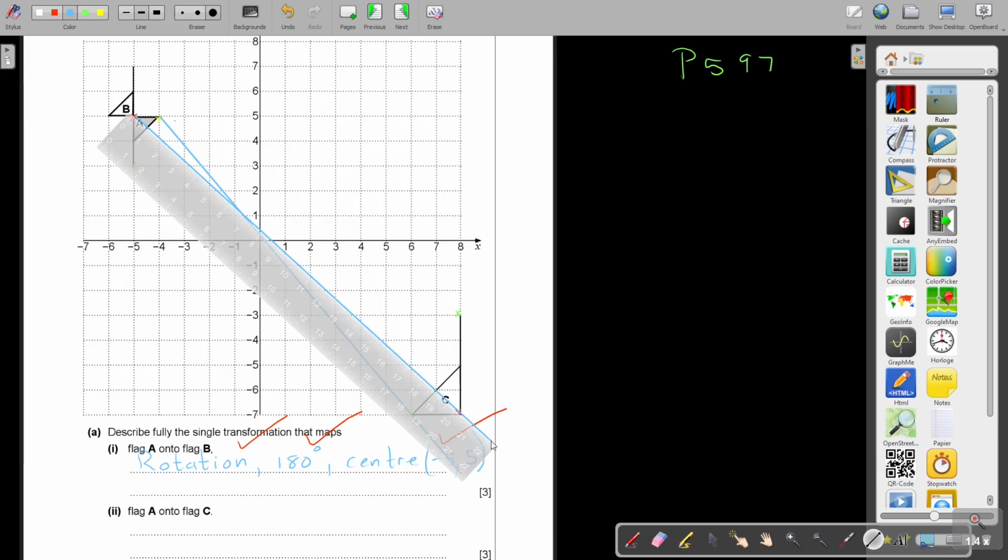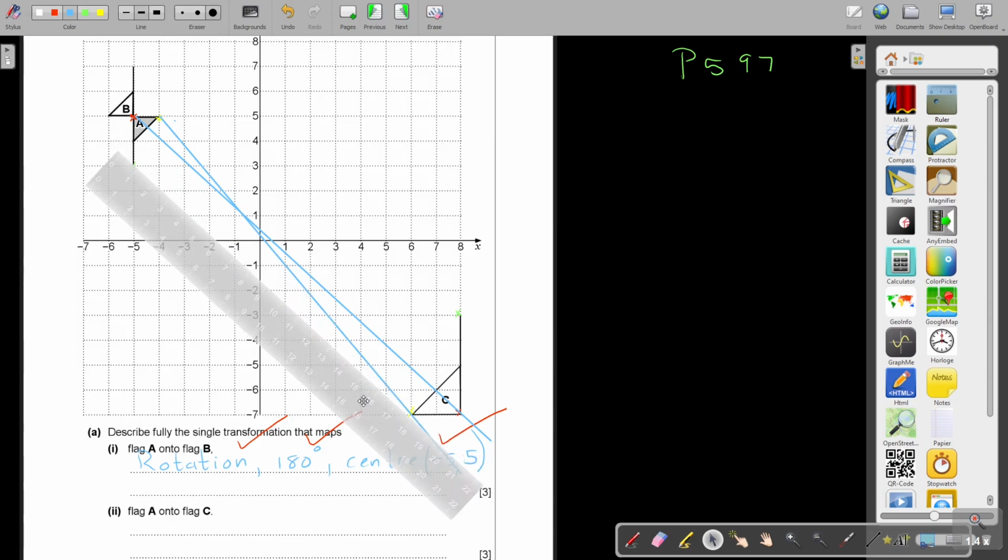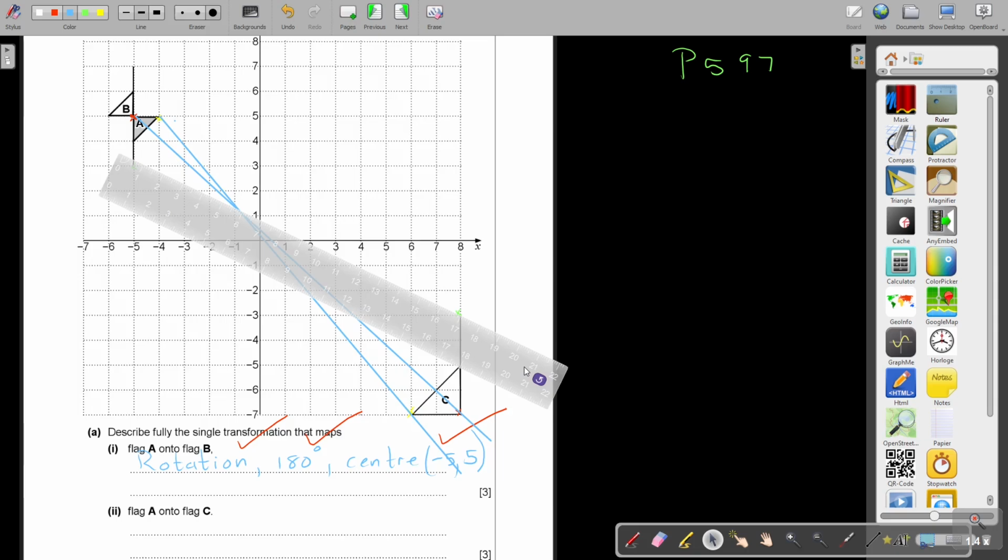Okay, and then the last one, I take the green and I'm taking the green now. Okay, just make sure that you connect the correct points.